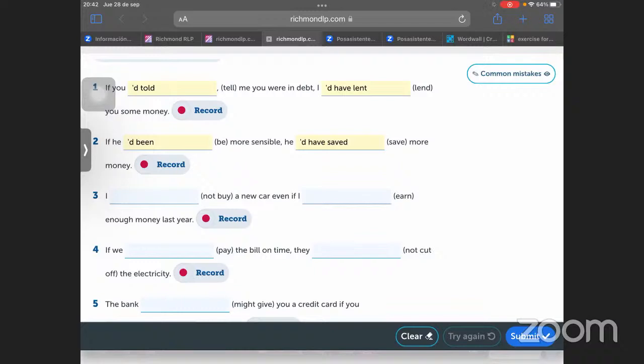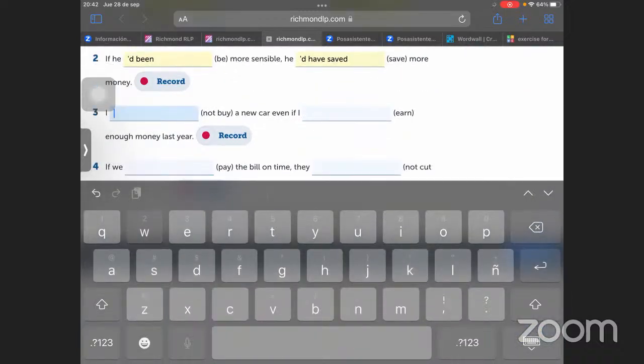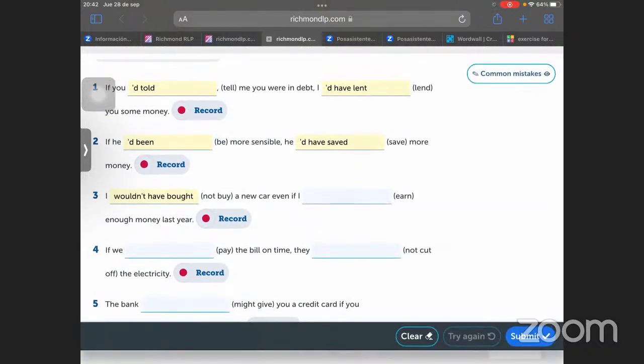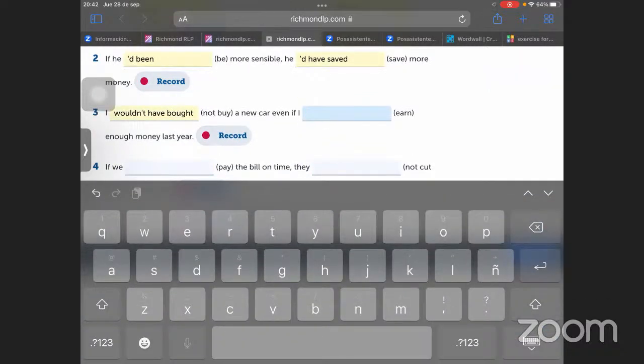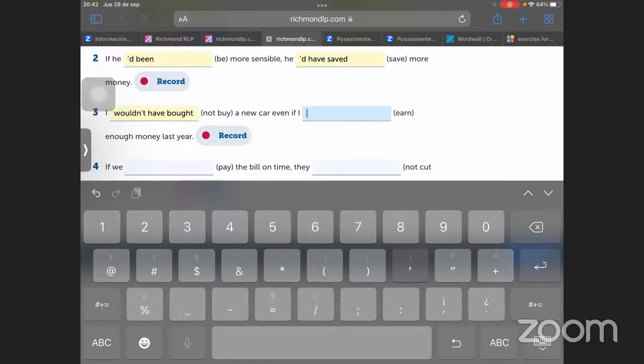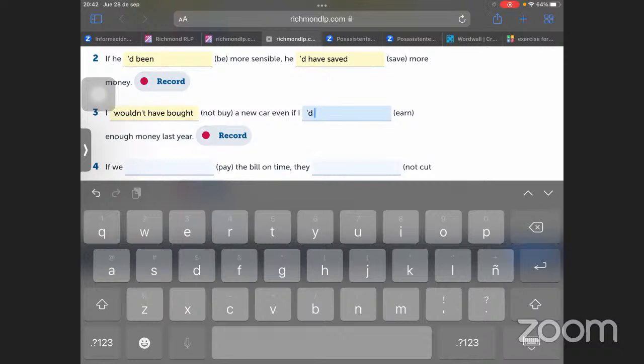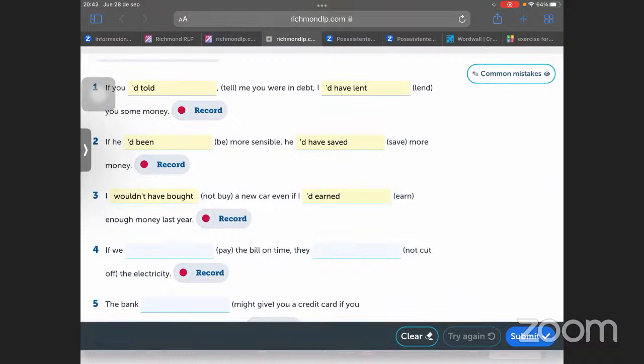I wouldn't have bought a new car, even if I had earned enough money. That's right. Very good.